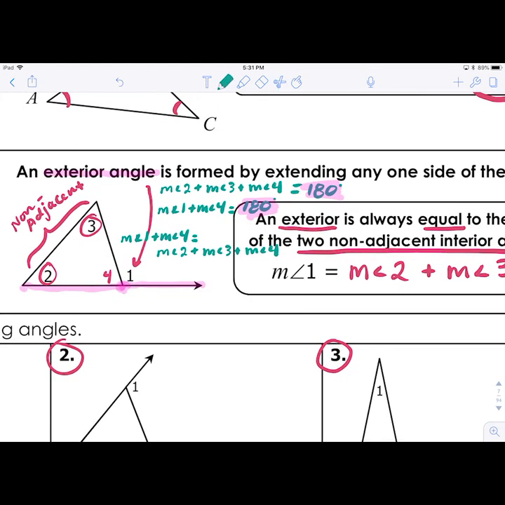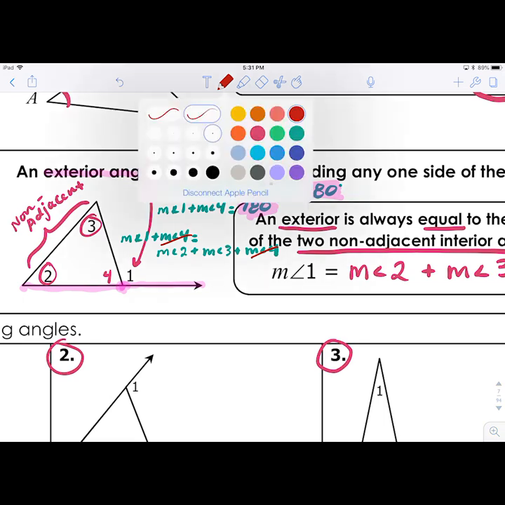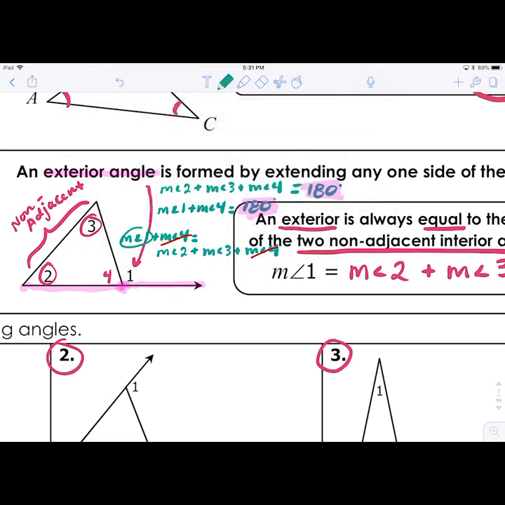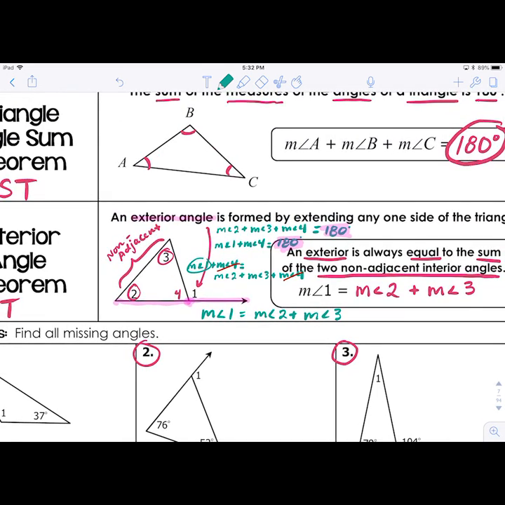The measure of angle 4. So I could just subtract it on both sides and end up with the measure of angle 1 on this side equal to the measure of angle 2 plus the measure of angle 3. So just a really quick informal proof to show you why we can say this and how we're going to go about that.